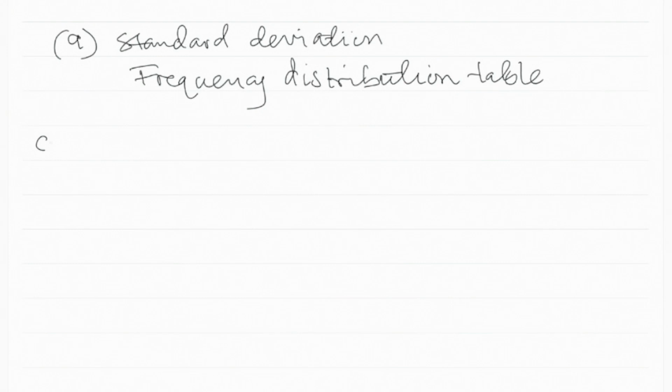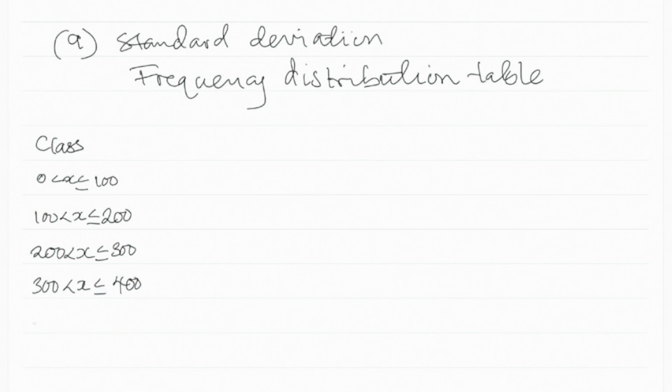So we have the class interval, ranging from 0 less than x less than or equal to 100. We have another class interval ranging from 100 less than x less than or equal to 200. Another class interval ranging from 200 less than x less than or equal to 300, another 300 less than x less than or equal to 400.